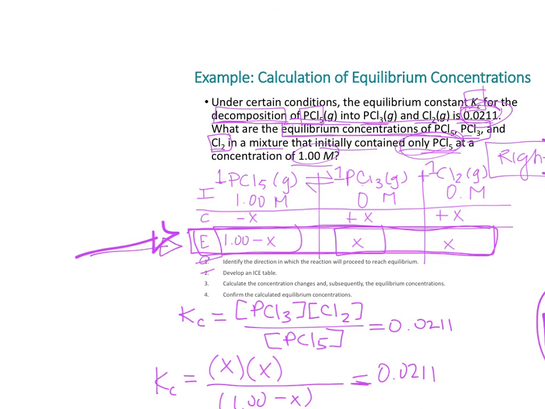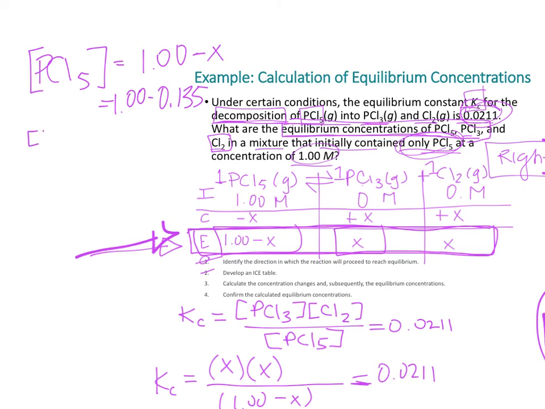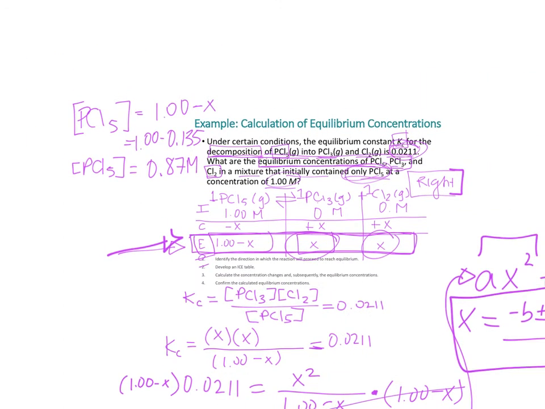So the concentration of PCl5 is equal to 1 minus X. We know that X is 0.135, so 1 minus 0.135 gives us the concentration of PCl5 as 0.87 molar. We have 1 so far, and then the other ones are just X, so they equal exactly what X was.